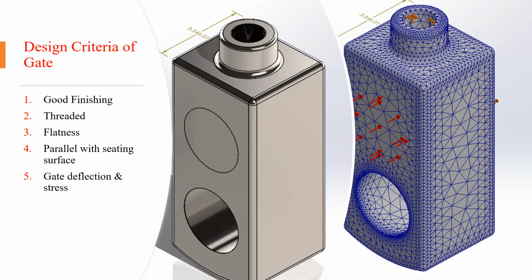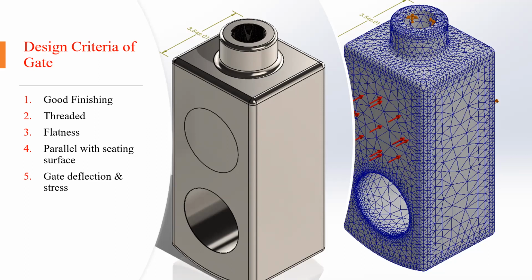Because when the gate is fully closed or fully open, the whole surface of the seat must contact the surface of the gate. If the seat and the gate have 100% contact and touch each other, that means we have high quality sealing.